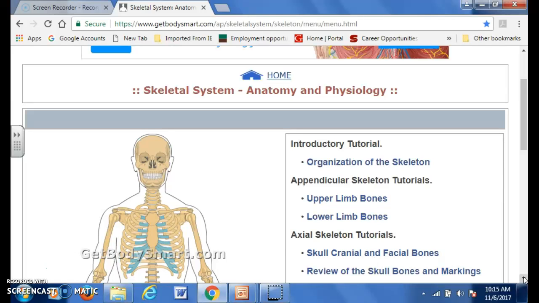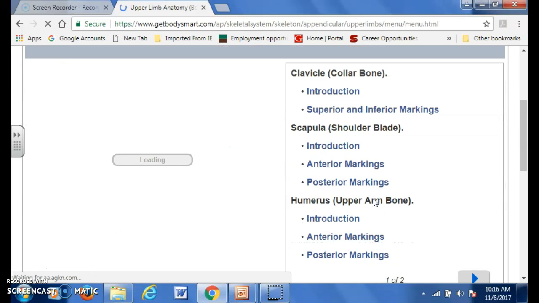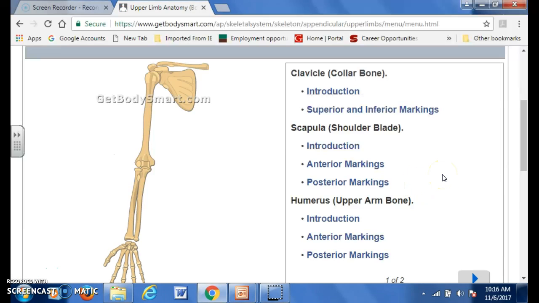See here how it's got upper limb bones, lower limb bones, etc. Organization of the skeleton gives you a big overview, but if you selected the upper limb bones, for example, and then we look at the clavicle specifically, there's the upper limb bones of the arm, the scapula, clavicle, etc. The superior and inferior markings are probably a little more in depth than what you would need in a university kinesiology course, or possibly biology courses. You would need to know them for the sake of attachment points, origin and insertions of muscles, etc.